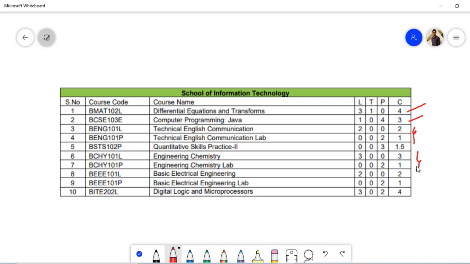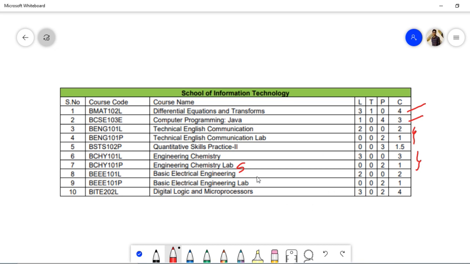My best suggestion is to do engineering chemistry in the second semester only, because it's very easy to get an S grade in the subject. If you postpone it to the next semesters, it may be hard, because sometimes you may get a clash with other subjects.